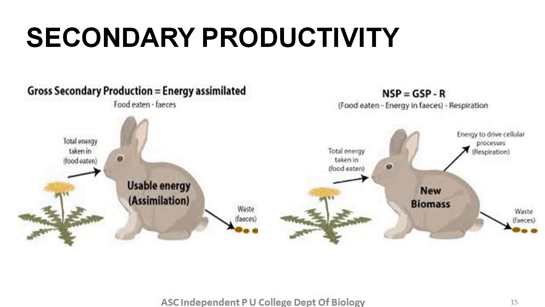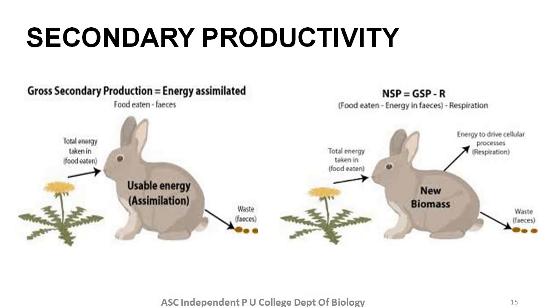Yes, so food eaten minus feces will give you how much is the organic matter that is formed and stored, to be precise. Now in the second picture you can see food eaten minus energy in feces. That is our gross secondary productivity.